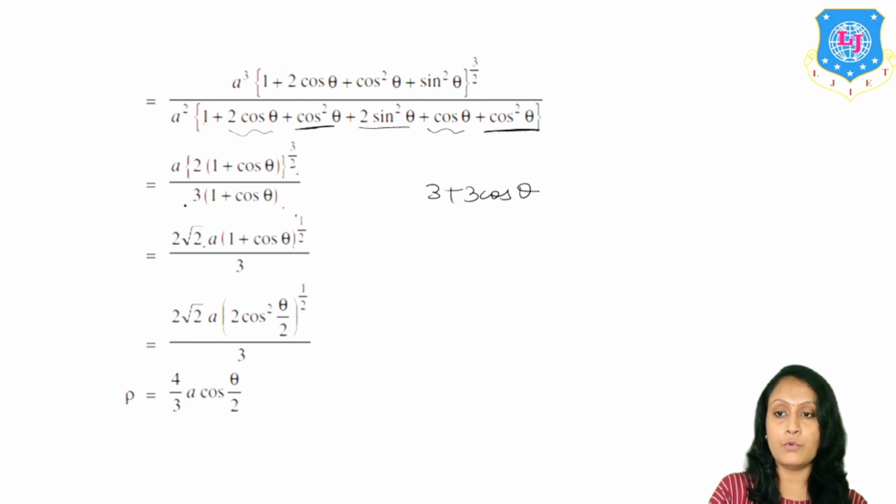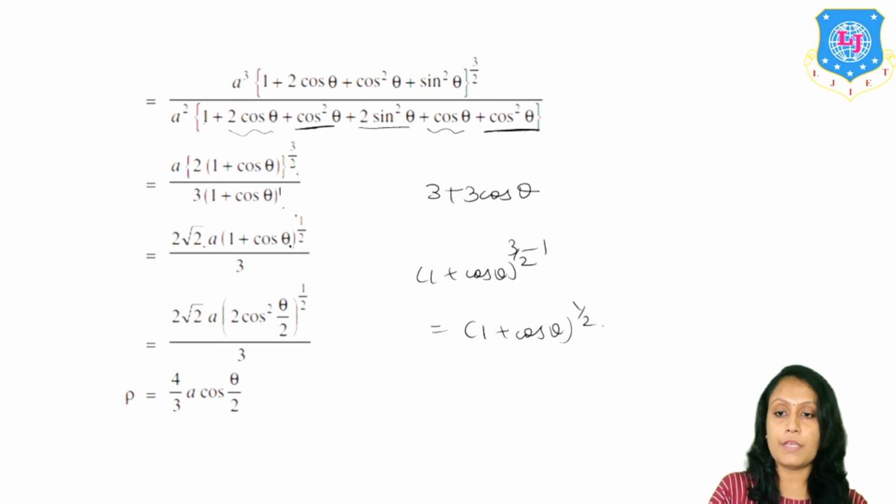So here we have 2 root 2 and this a as it is. Now here we have (1 plus cos theta) whole raised to 3 by 2, and in the denominator we have this power 1, so bring it in the numerator. On simplification we will get (1 plus cos theta) raised to 3 minus 2 upon 2, so here we will get 1 by 2.